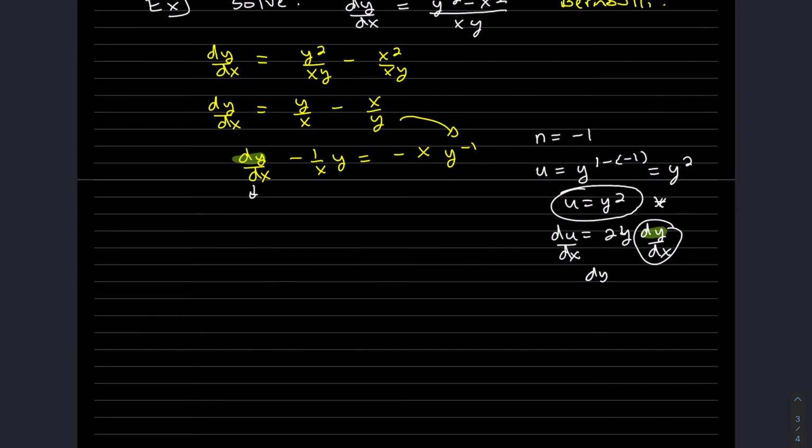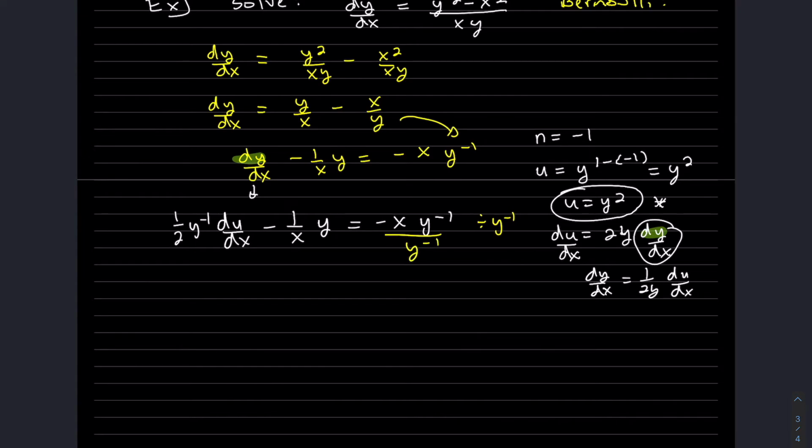Looks like dy/dx is just 1 over 2y du/dx. So this is the same thing. It's 1/2 y to the minus 1. Just so we can see, we're going to divide by y to the minus 1 or multiply through by y. It's the same thing. It's just the same process. And that's what you need to do with Bernoulli, is just keep practicing these until you see the similarity in every single problem.